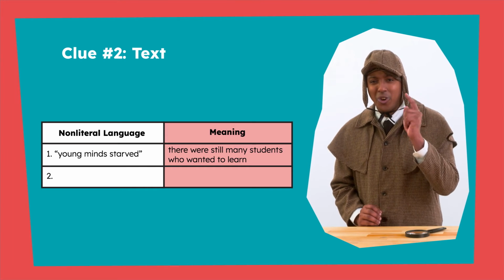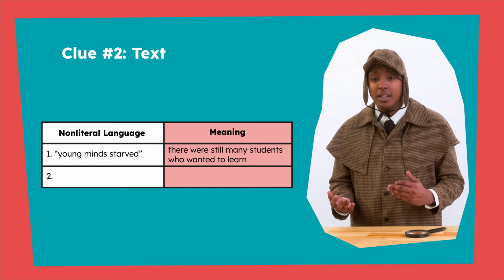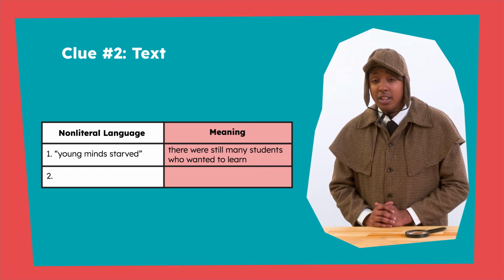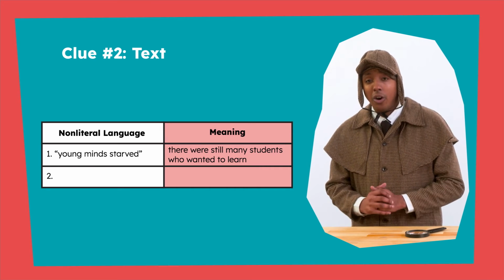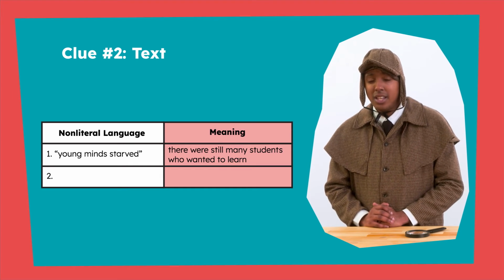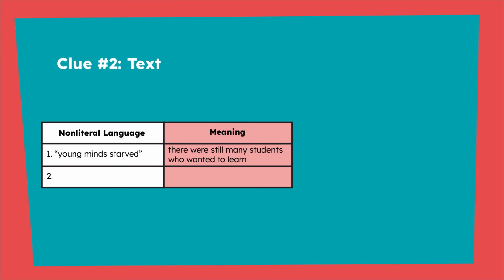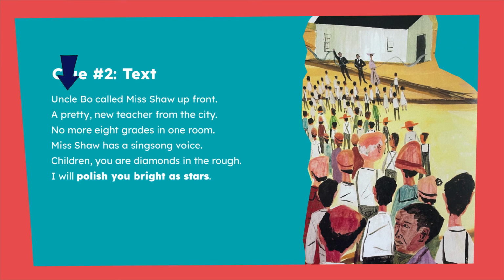Now it's your turn. You are going to determine the meaning of the last example of non-literal language in this text. Are you ready? Okay, let's look at the second example in context clue 2. I'll read it aloud for you. Uncle Bo called Miss Shaw up front.